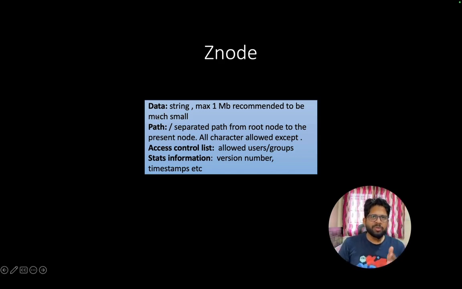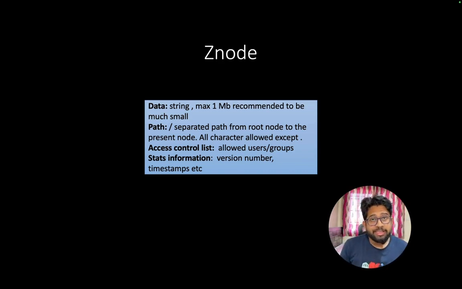So you have a root node, which will be /, then you will have children, and you can keep on appending / and store more information. One important thing about the data node is that you can store a maximum of 1 MB of data. So you are not supposed to store very heavy data in the Zookeeper nodes. You are supposed to store a very small amount of data. That's why this limit is 1 MB, and the general recommendation is even smaller.